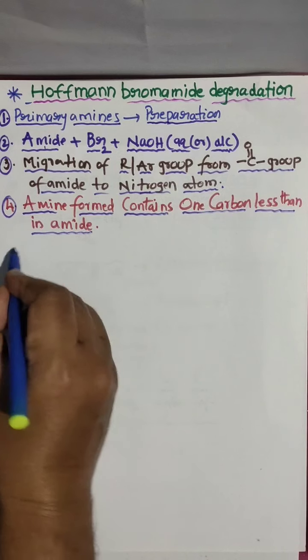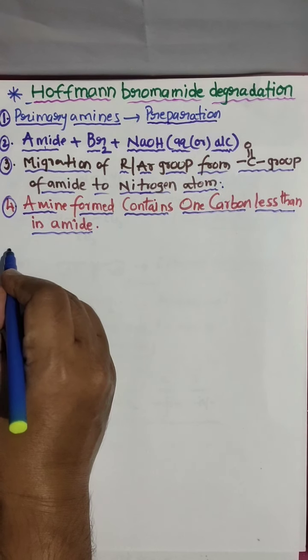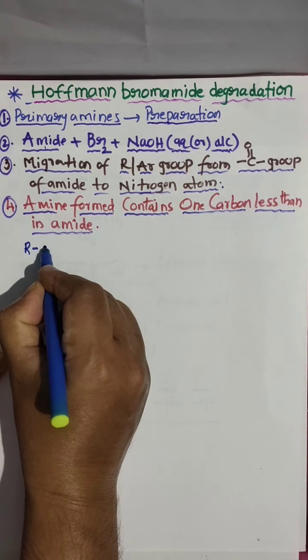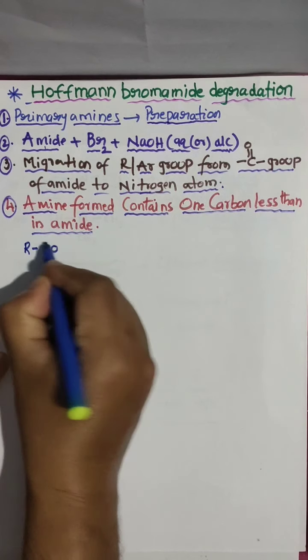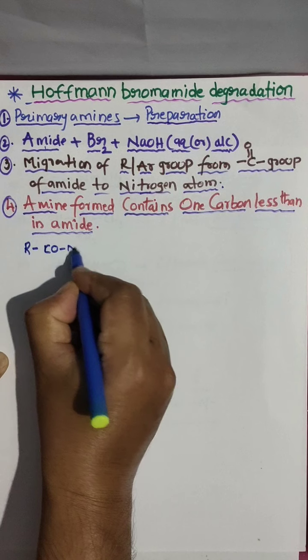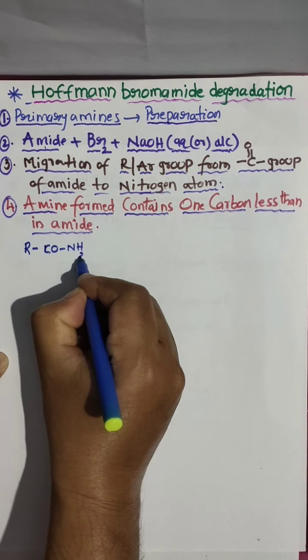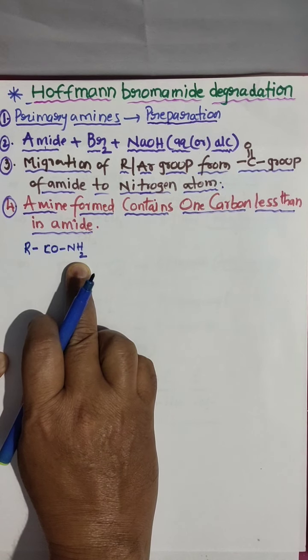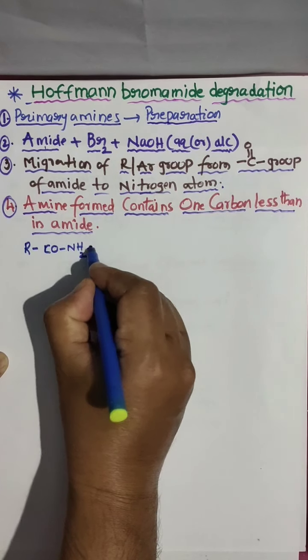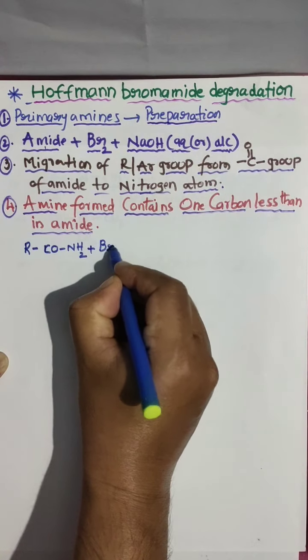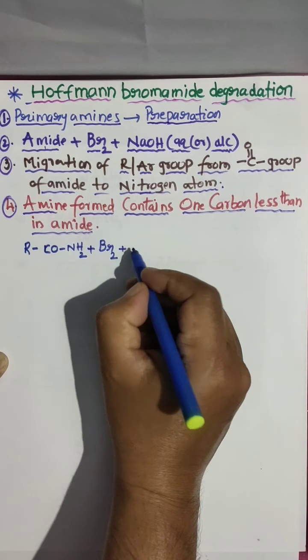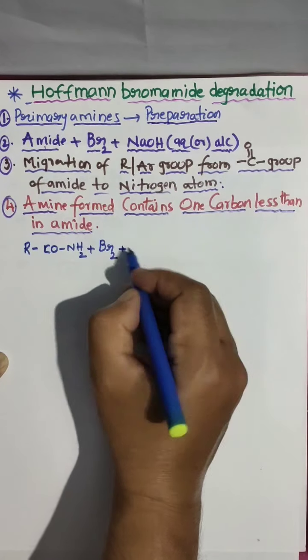See here, we have to take amide. You know very well amide, R CONH2. CONH2 is amide. We have to treat it with 1 unit of bromine plus NaOH, aqueous or alcoholic.